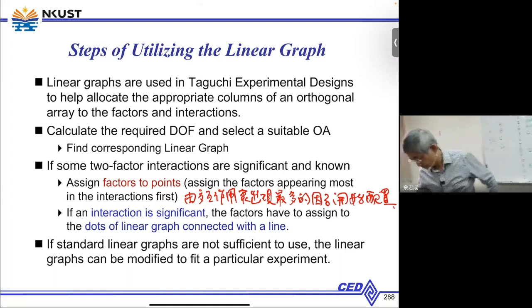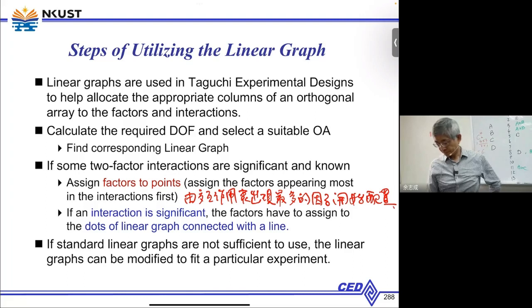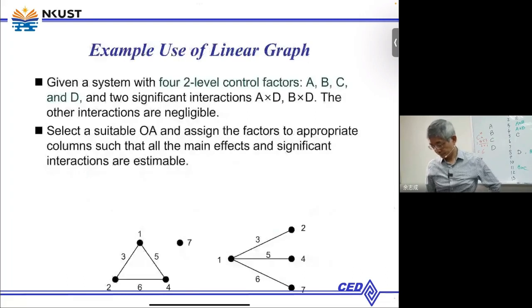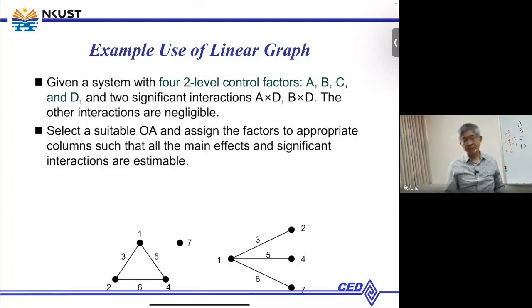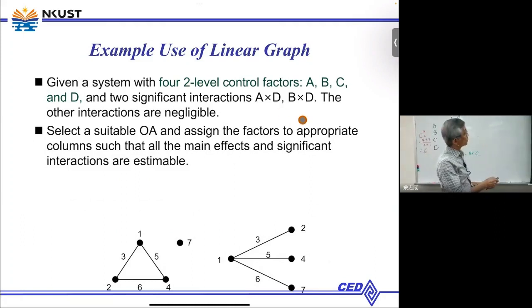Let's look at some examples. For instance, this is one of the examples. We have two-level factors, similar to the one we just analyzed. Two-level factors A, B, C, D. From some theoretical analysis, we already know that there are two important interactions, which are AD, right here, and also BD.